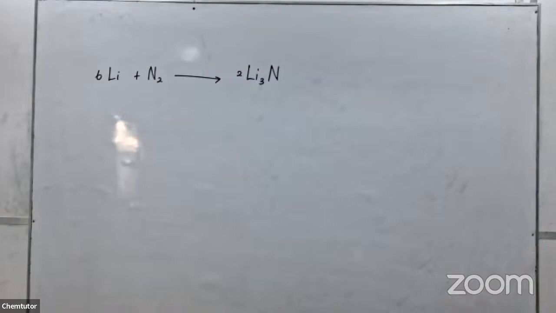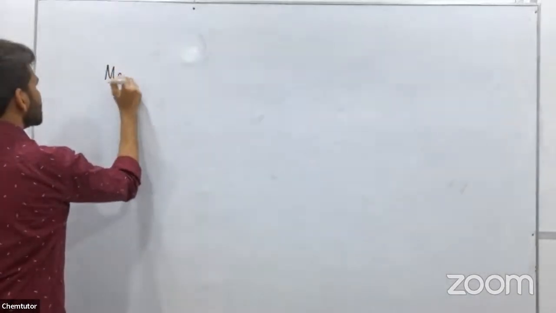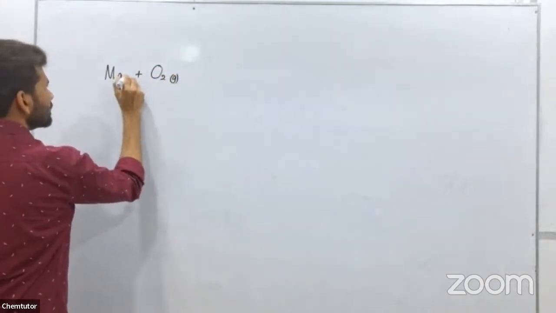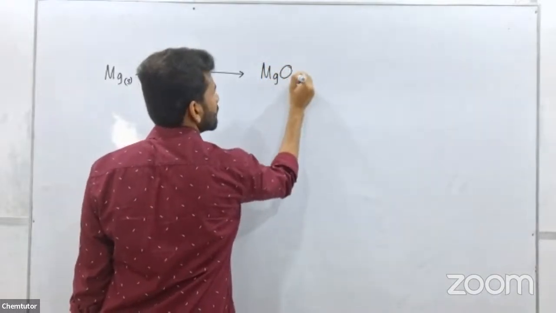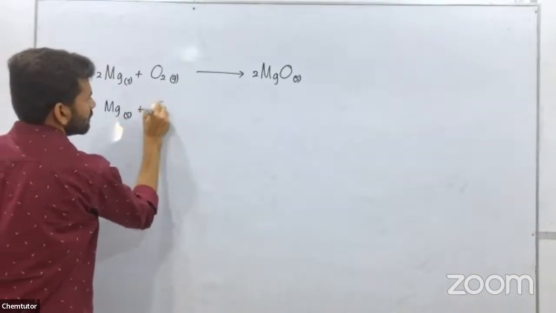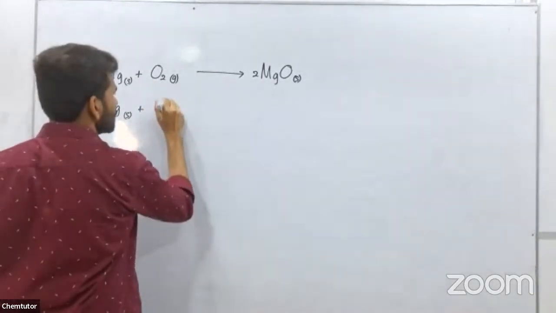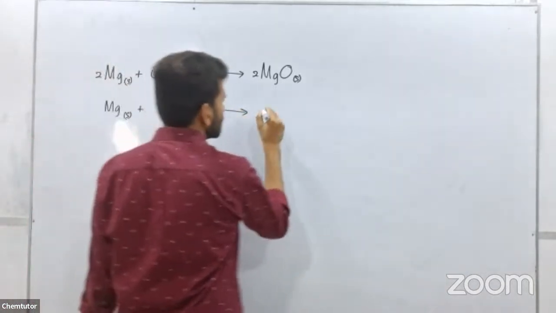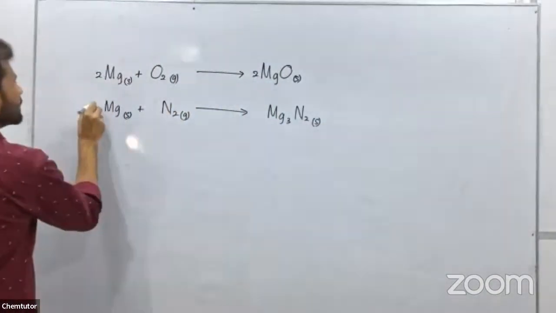You can note down: when group 2 elements are heated in air, they will give the relevant oxide and nitride. Okay, these are the balanced equations.